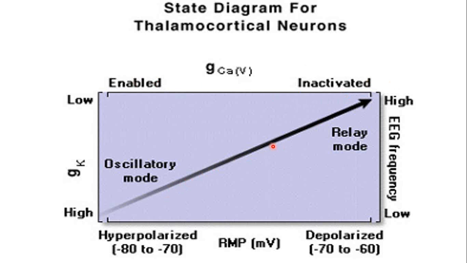And then when we get to the point where we have a more depolarized or random input of those RNT IPSPs, or inhibitory potentials, we're in the relay mode where the calcium channels are inactivated, and instead of having a high conductance for potassium, we have a low conductance for potassium.